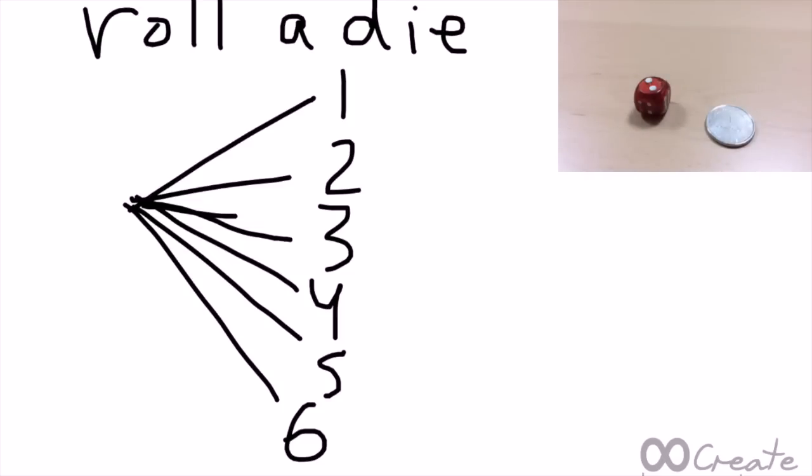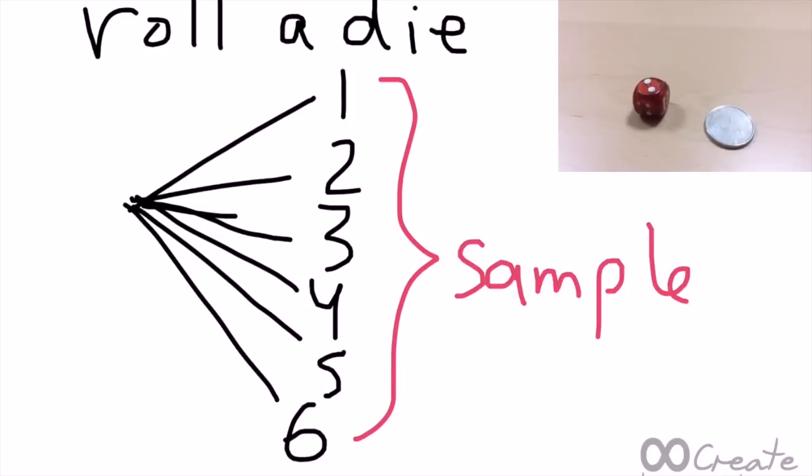All these outcomes together are called the sample space. All the possible outcomes are called the sample space. So this is my sample space.